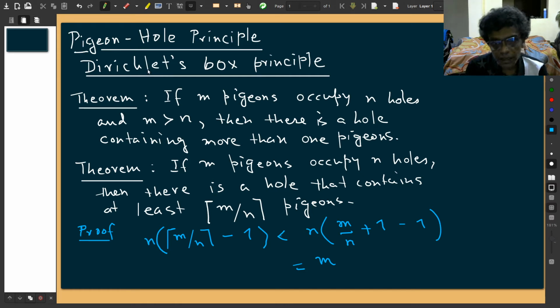One thing is that the proofs that I will carry out using these results are usually non-constructive, because in this setting, given m pigeons and n holes, these theorems do not specify an algorithm to compute the hole which contains 2 or this many pigeons.